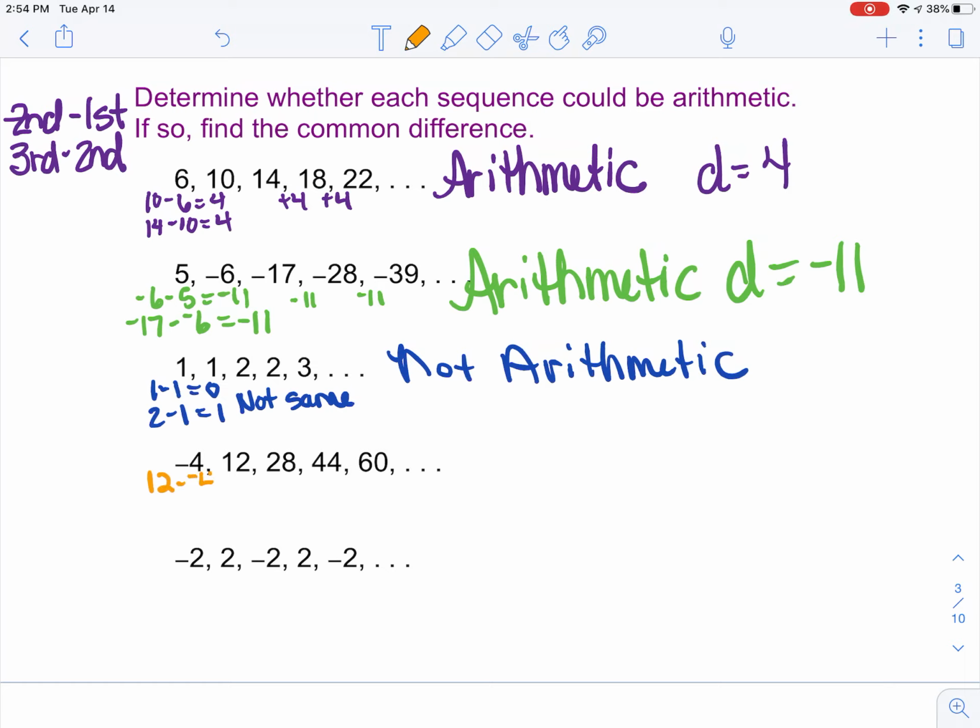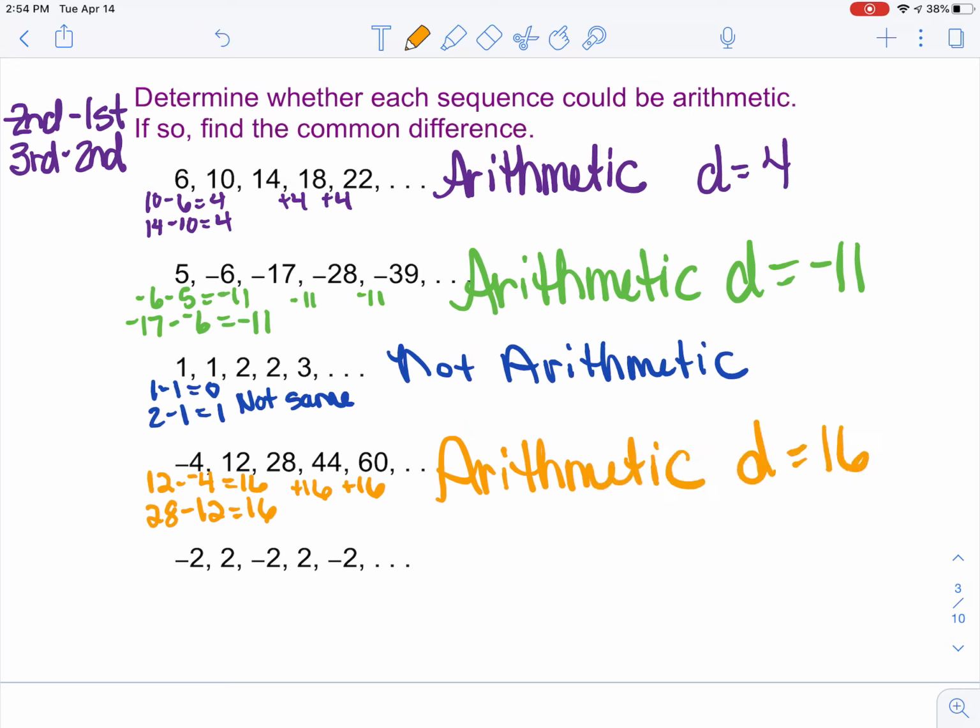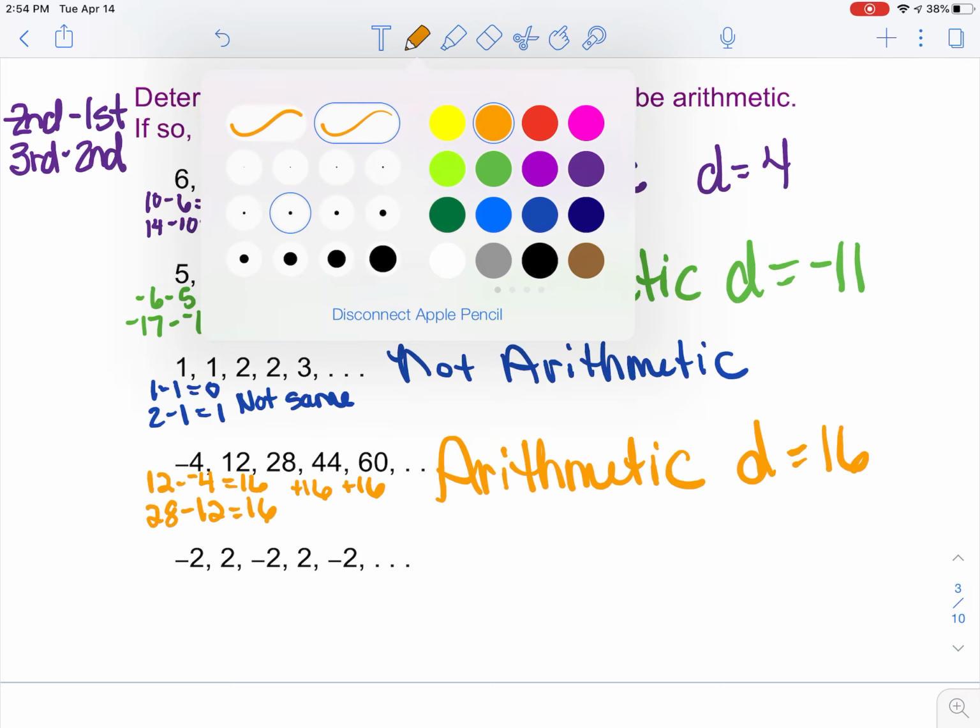Okay, on this one, let's look at 12 minus negative 4. That gives me 16. 28 minus 12 also gives me 16. Am I adding 16 each time? The answer is yes, so this is arithmetic, where your D value is 16.